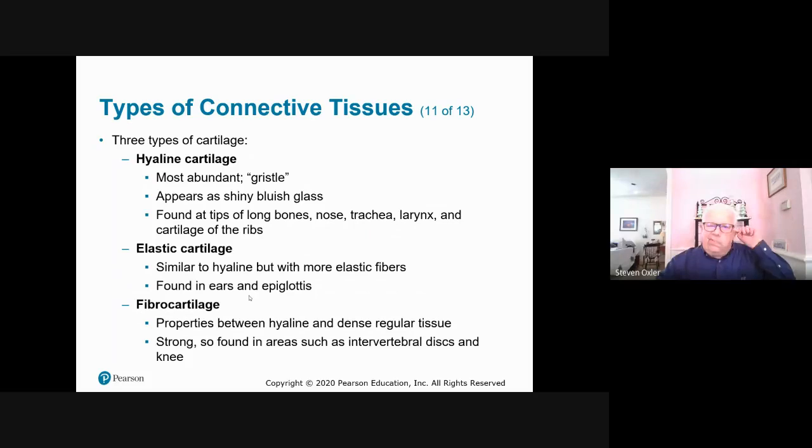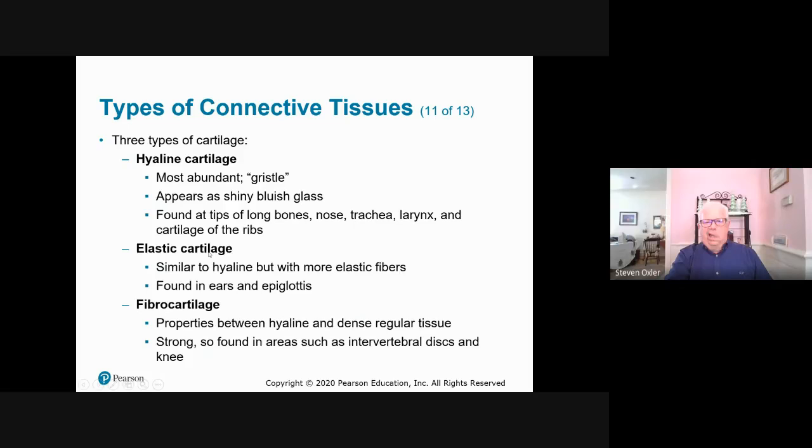There are 3 types of cartilage. I want you to know them all. Hyaline cartilage. Hyaline cartilage is the most abundant. It actually is blue. It's found in the tips of long bones, the nose, the trachea, the larynx, and the ribs.